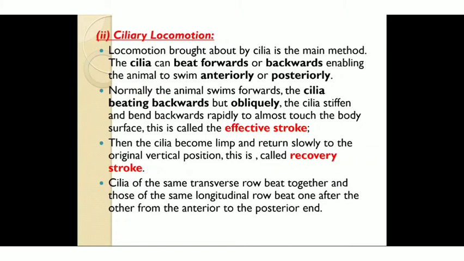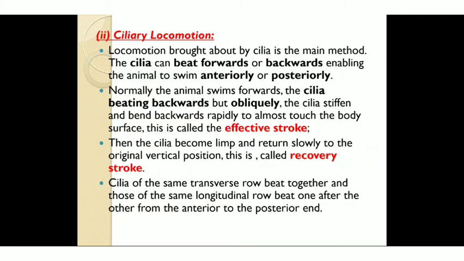The direction of beating decides whether the paramecium will move forward or backward. When the cilia beat forward, the animal can move backward, and when they beat backward, the animal can move forward.